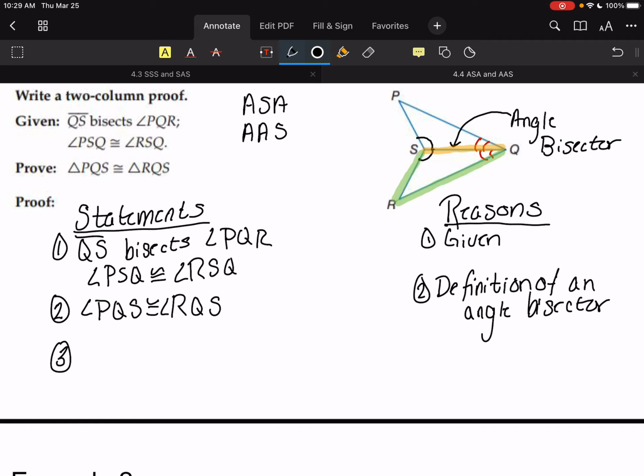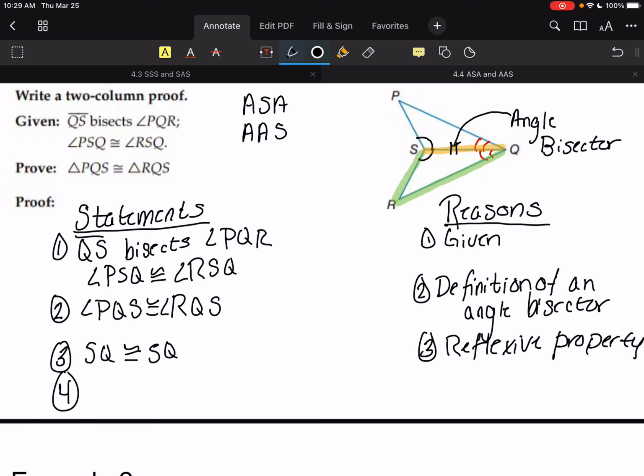Hopefully you're thinking we should definitely use the included side because it's the same side on both triangles. So SQ is congruent to SQ by the reflexive property, because it's the same side for both triangles.